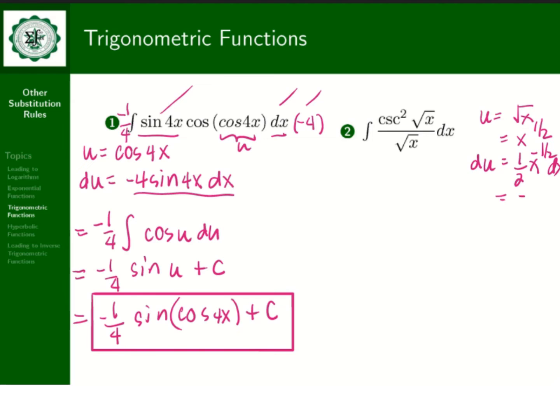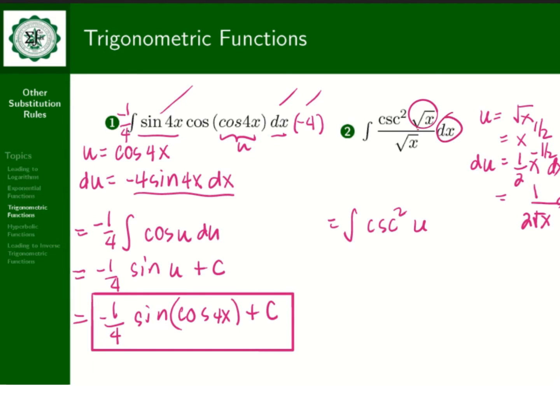And this is the same as positive 1 over 2 square root of x dx. So our given becomes cosecant squared. We replace the angle here by u.